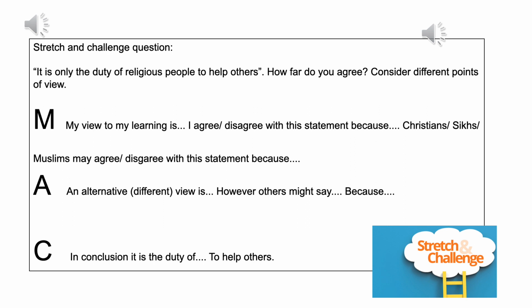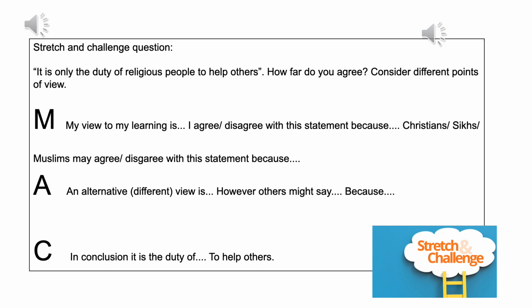Well done. The golden rule, treat others how you would like to be treated. Now, although we covered this in Christianity, what we did find is that all religions believe in this. All religions believe that we need to show love and care to one another and treat others the way we would like to be treated. Selfless acts, that's all of them.